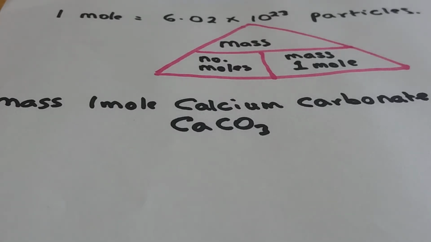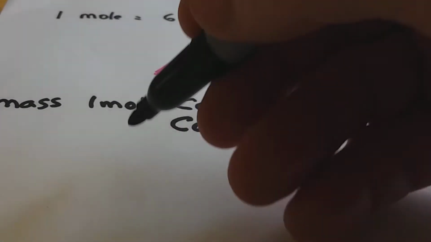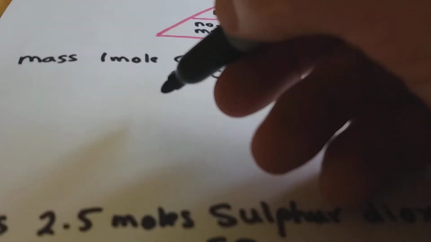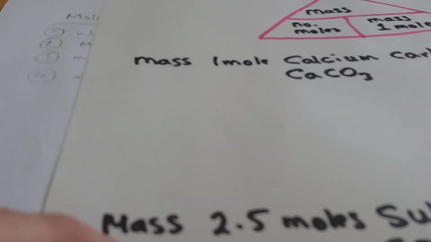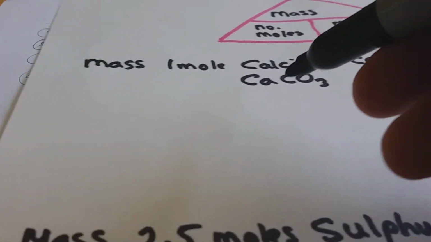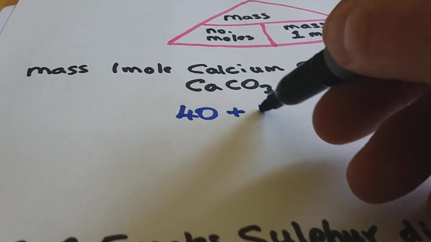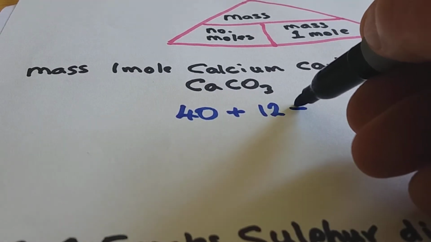So, the mass of 1 mole of calcium carbonate. Fairly straightforward. So, in the formula calcium carbonate, calcium has a relative atomic mass of 40, so 40 plus carbon, which is 12, plus the oxygens.